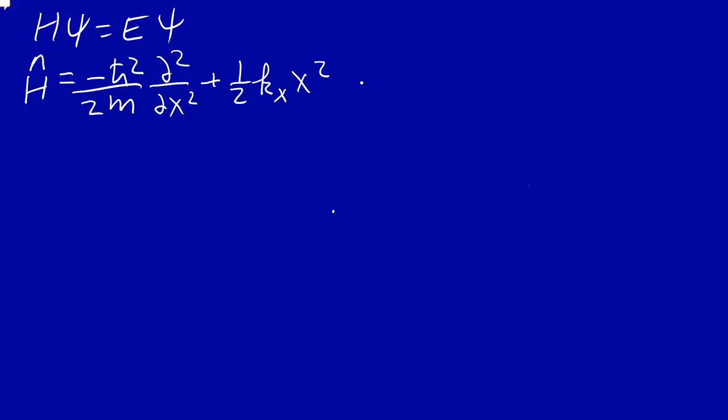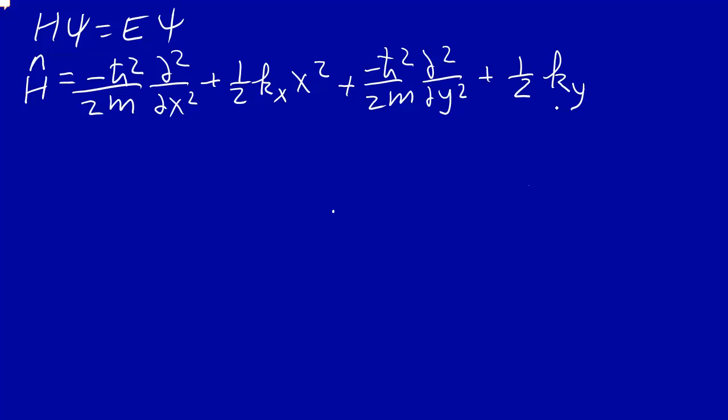That will be for one dimension. And then for the second dimension, it'll be minus h bar squared, again, over 2m times the second derivative with respect to the second independent variable, y, plus the potential energy term in the y direction, 1/2 ky, where ky is the spring constant in the y dimension, times y squared.